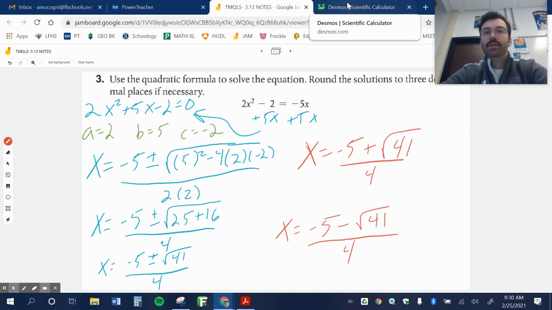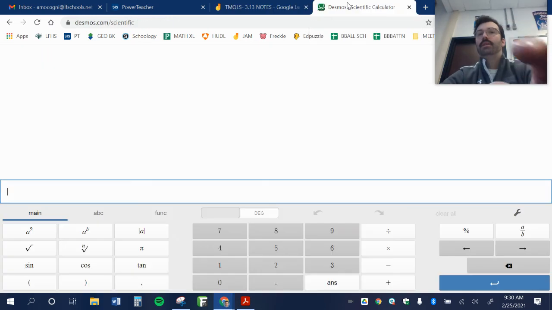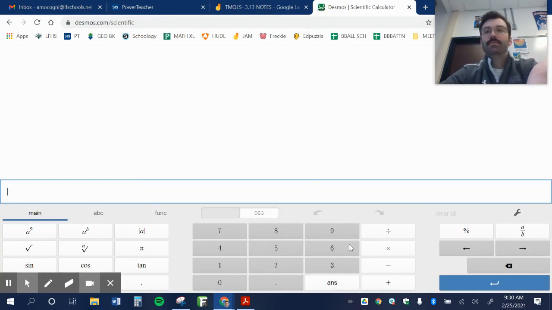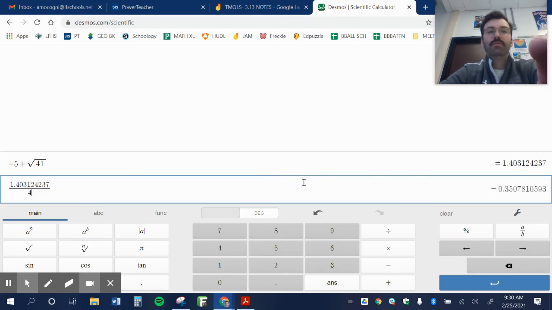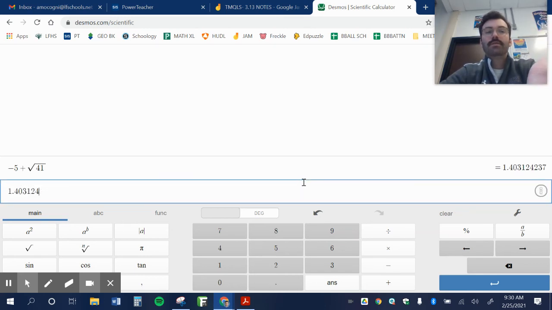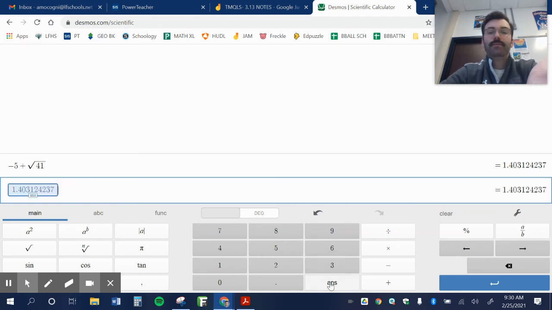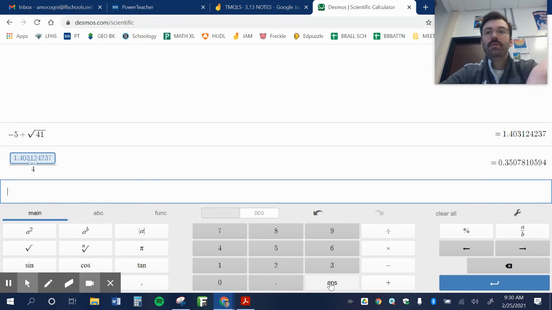Obviously, you can use Desmos, or if you have a graphing calculator, use that. I've got Desmos open. Negative 5 plus root 41, enter. Then I'm going to take this answer, copy it and paste it, and divide it by 4. Answer is right here, divided by 4.